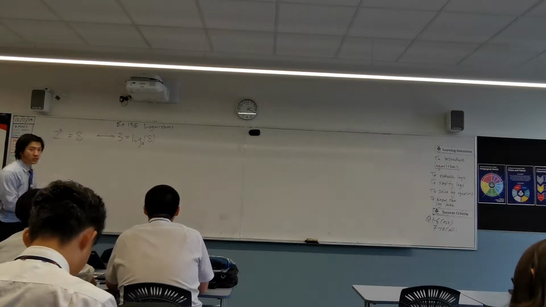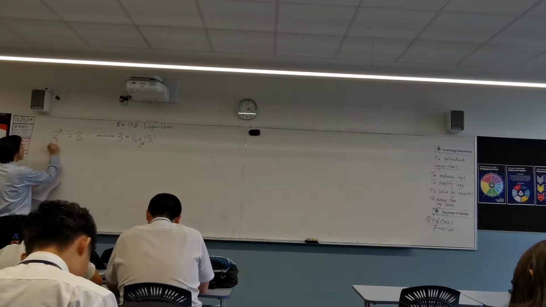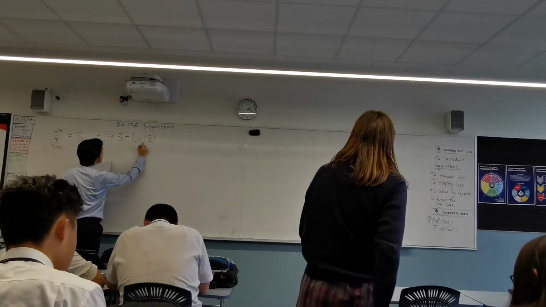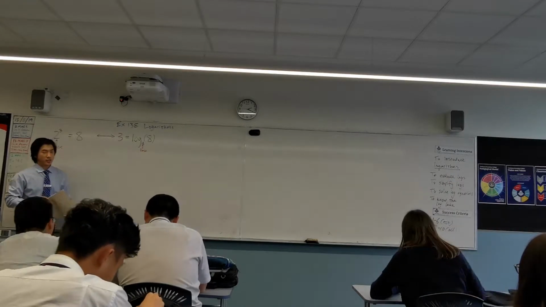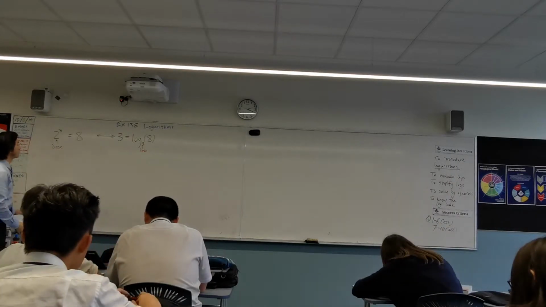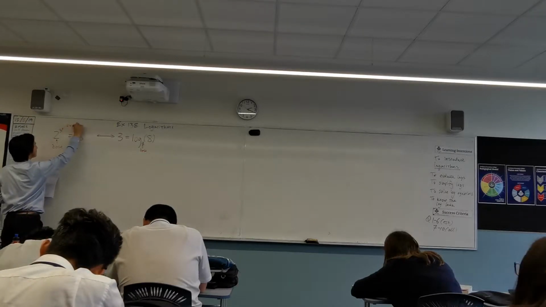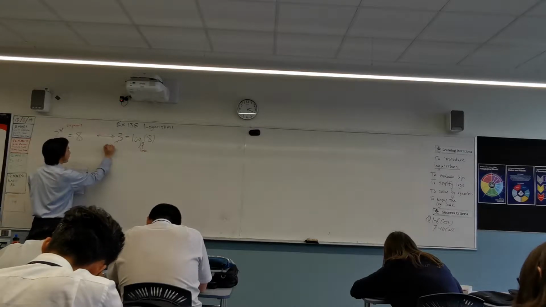Now, we should also label what's the same. So the 2 there, that's the base. When we have it in logarithm form, the base comes next to the G. We also have the 3, which is our exponent. And the exponent becomes our subject when we use log form.